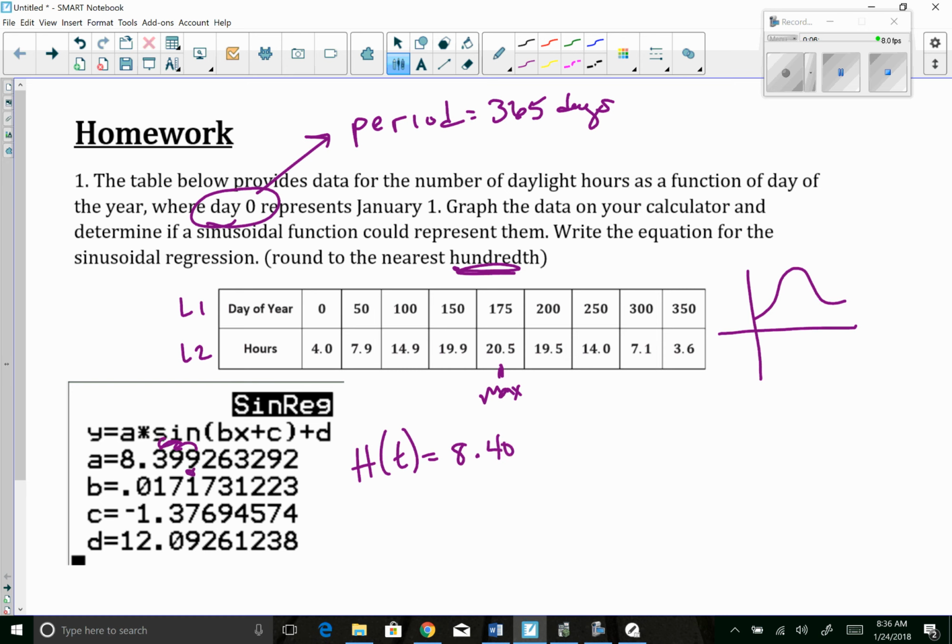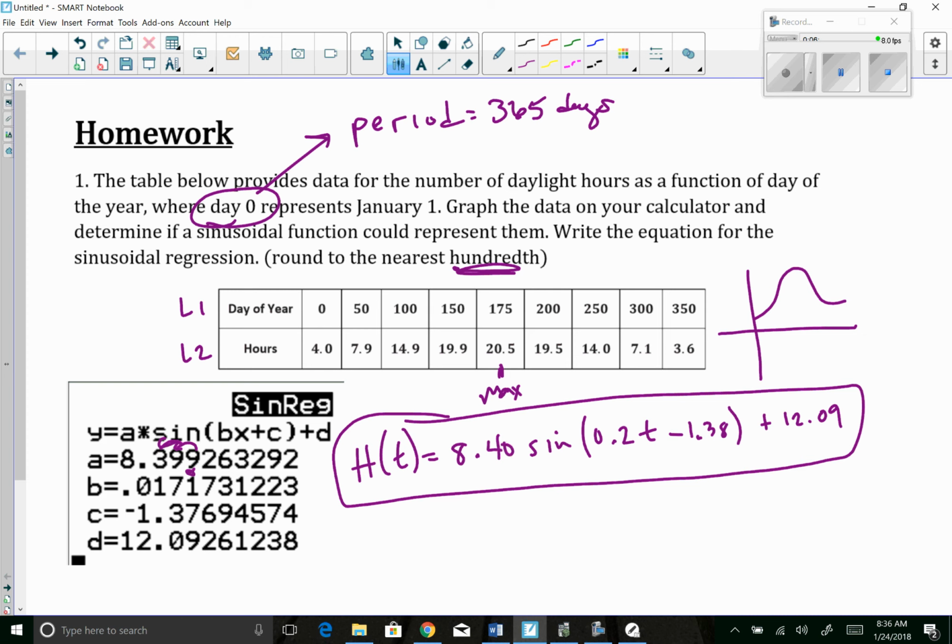Rounding, I know you haven't done that in a while. Sine of 0.2 t minus 1.38 plus 12.09.